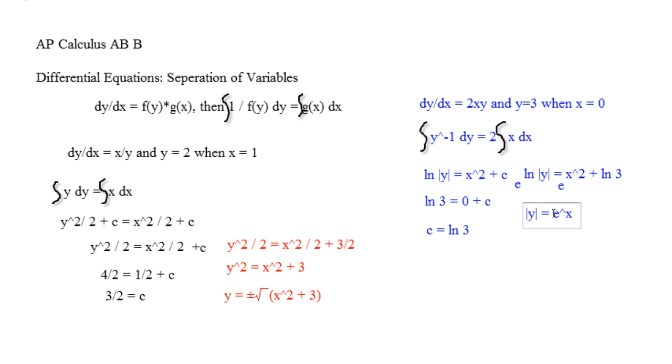This is going to be e to the x squared, so I'm going to bring that 2 in front, so that's going to be 2 times e to the x, and then plus e to the natural log of 3. If you remember your rules, this just becomes 3 because these two cancel out.